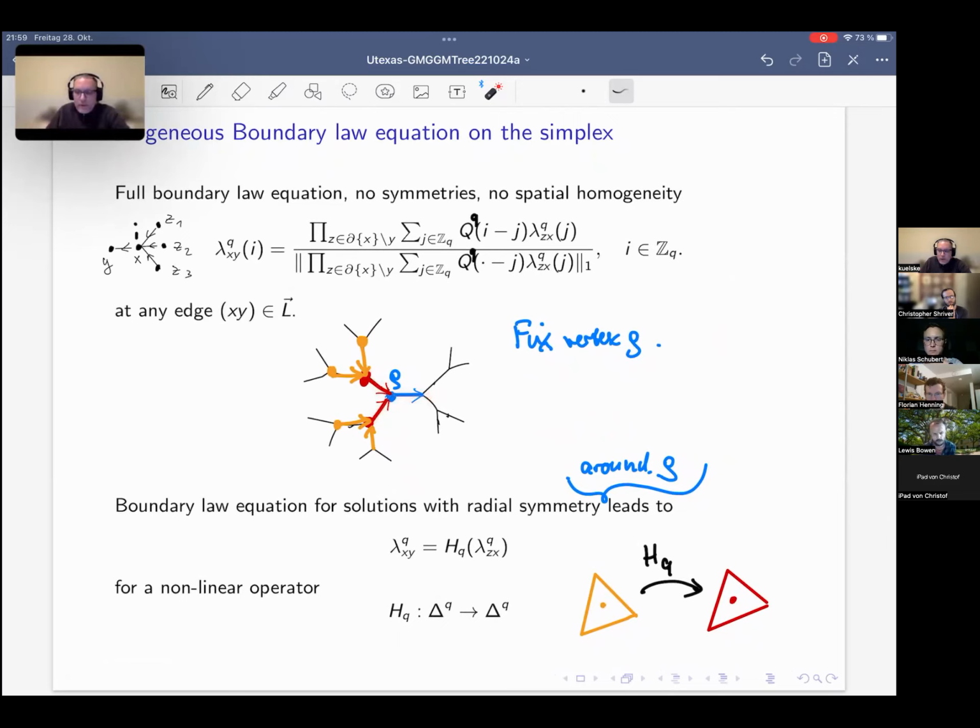If we fix some vertex and call it a root, then boundary law again is something associated to each oriented edge: it's a positive measure modulo constants, and you put in here a value corresponding to the increments, so a value in the local state space.